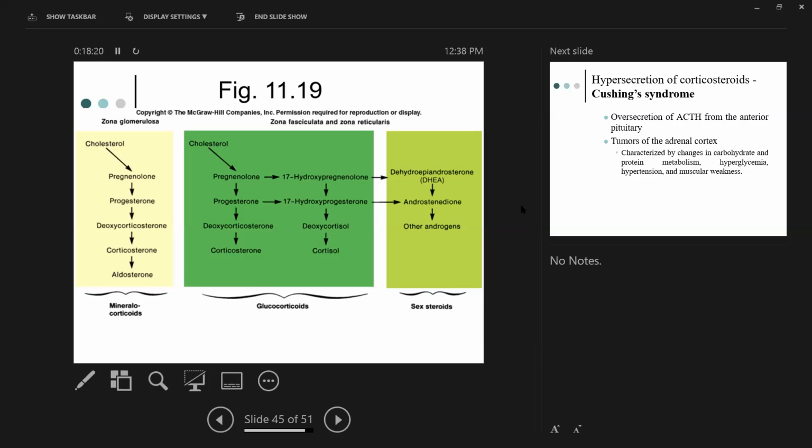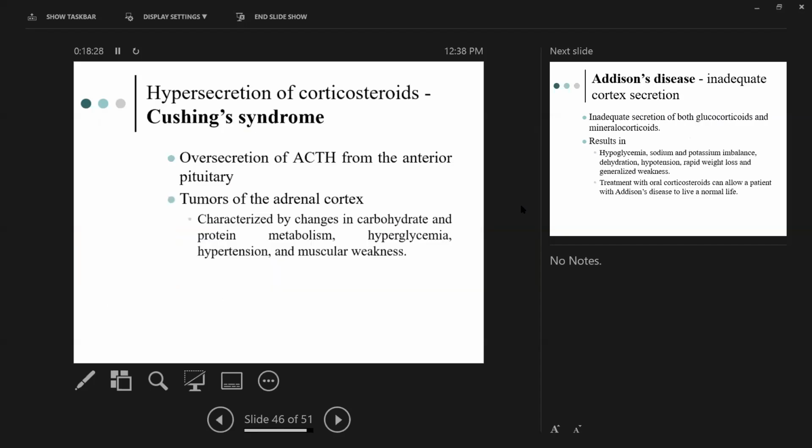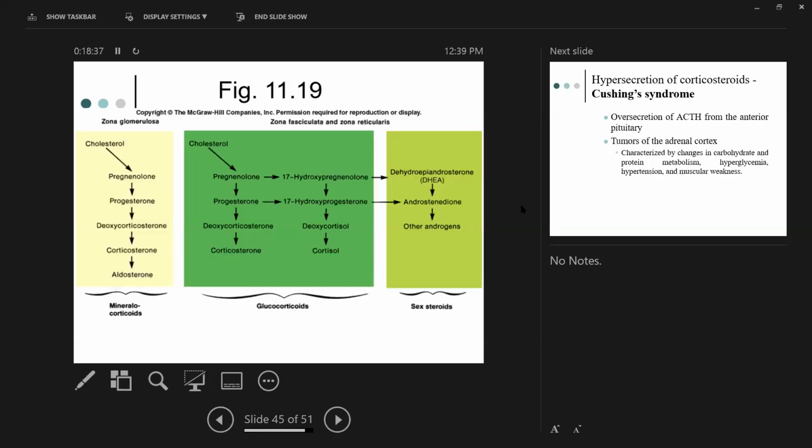All right. Questions on any or all of this? No? If you hypersecrete the glucocorticoids, the corticosteroids, so if we look at these, we could see we have corticosterone, cortisol. These are glucocorticoids.